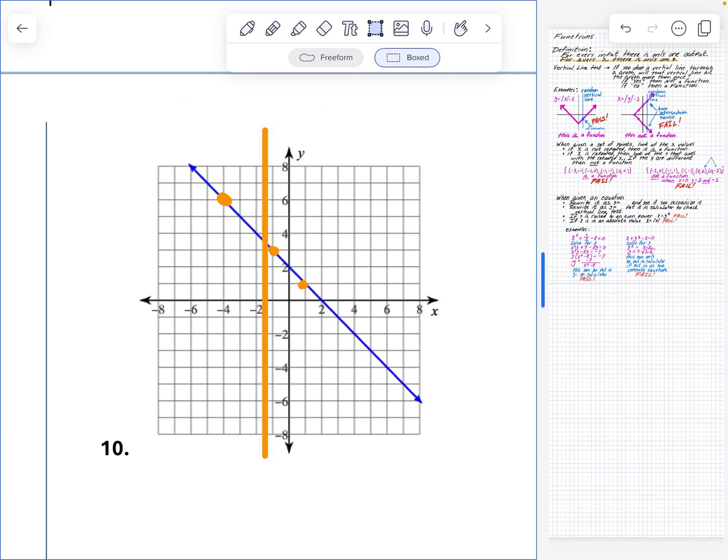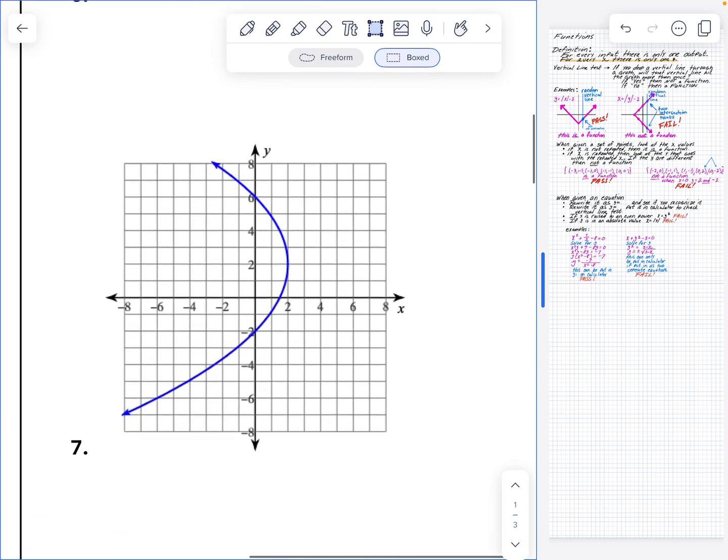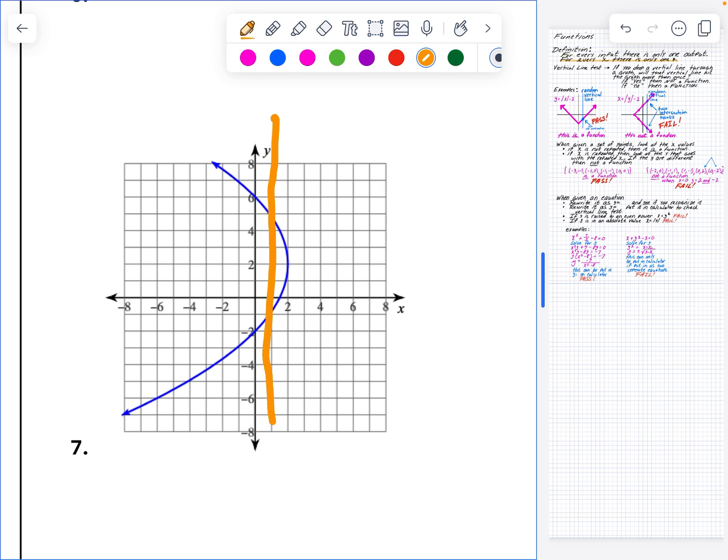To contrast that, what if I put the vertical line on this graph? The vertical line hits the blue curve in two places.